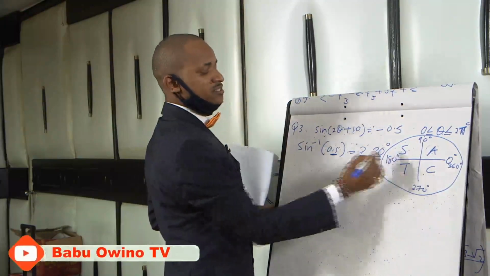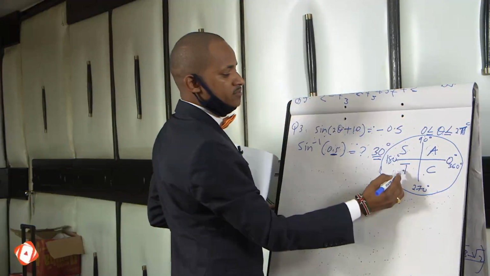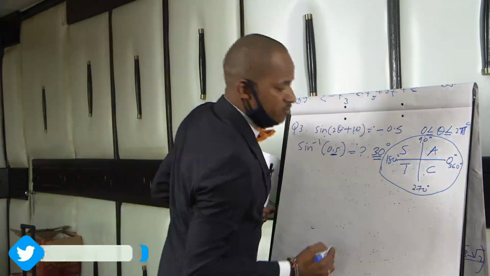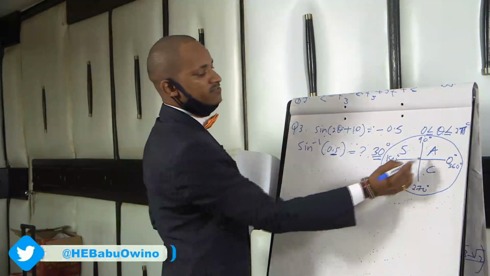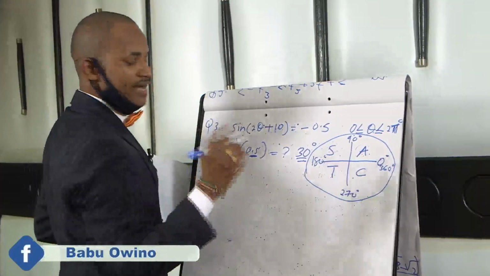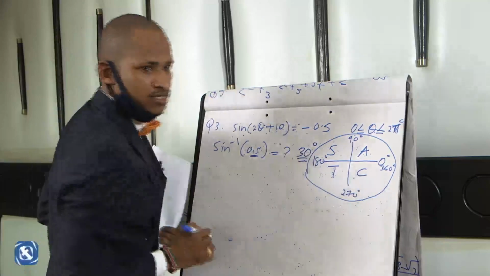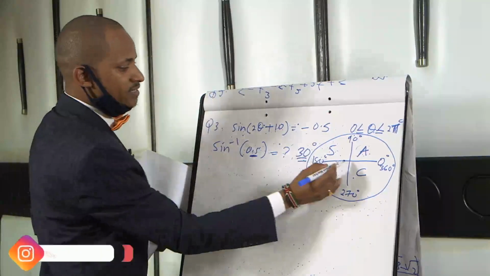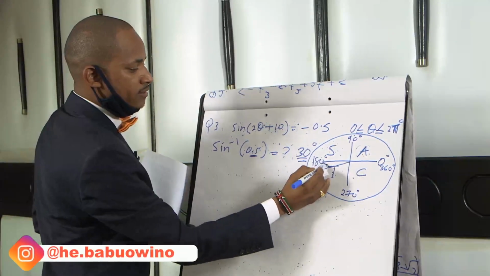Sine is only positive in the second quadrant, tangent is positive in third, cosine is positive in fourth. But sine is positive only in the first and the second quadrant, although it is negative in the third and the fourth quadrant. So our angle 30 degrees lies somewhere here.